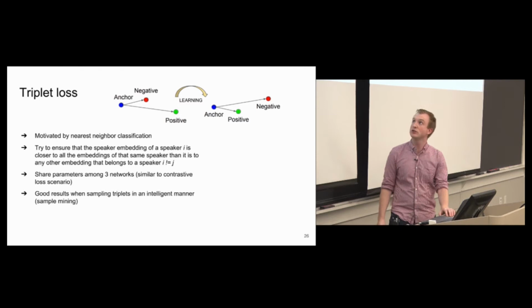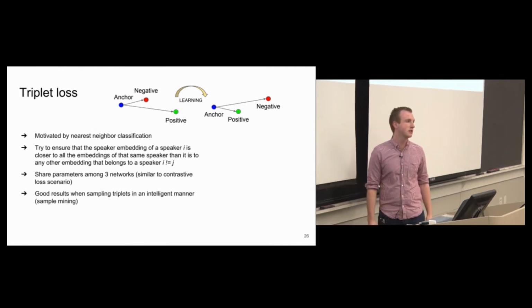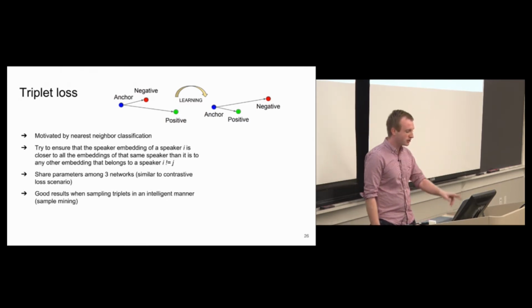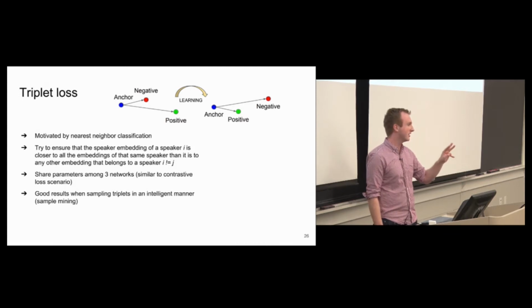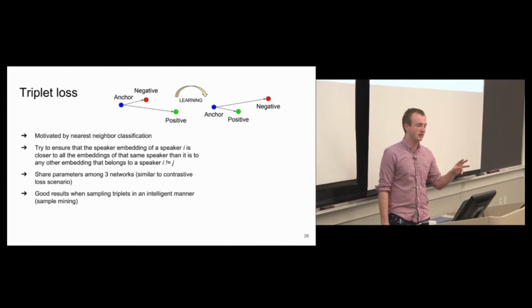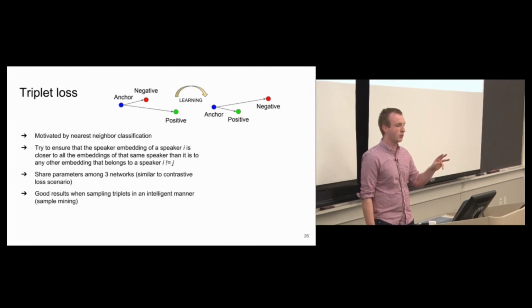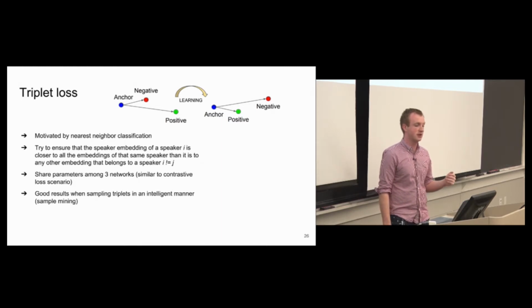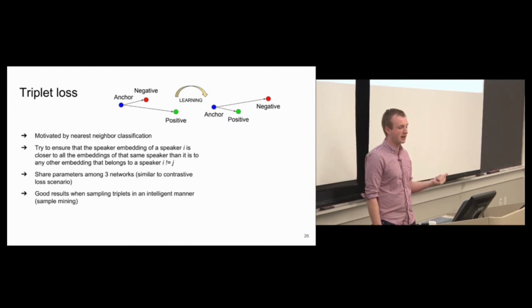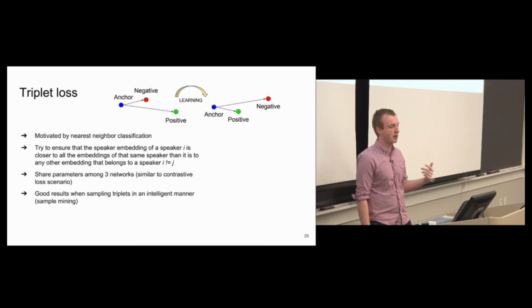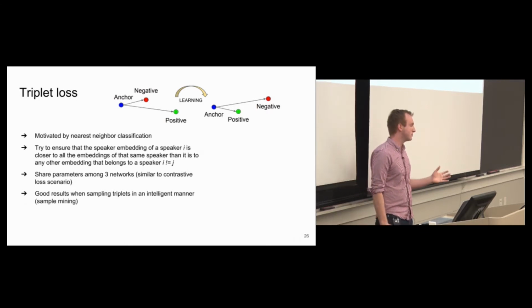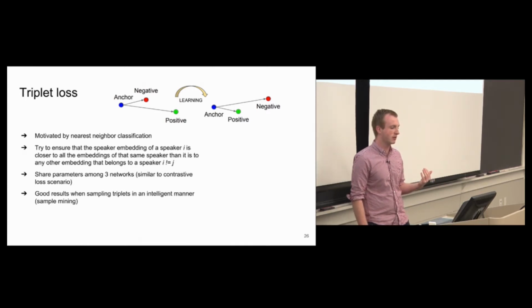Okay, so another interesting idea is called triplet loss. Now, not just two, but we're going to have three shared parameter networks, and with them, three samples. The three samples we're going to call the anchor, the negative example, and the positive example. This is very much motivated by nearest neighbor classification, which I'm sure you're familiar with.